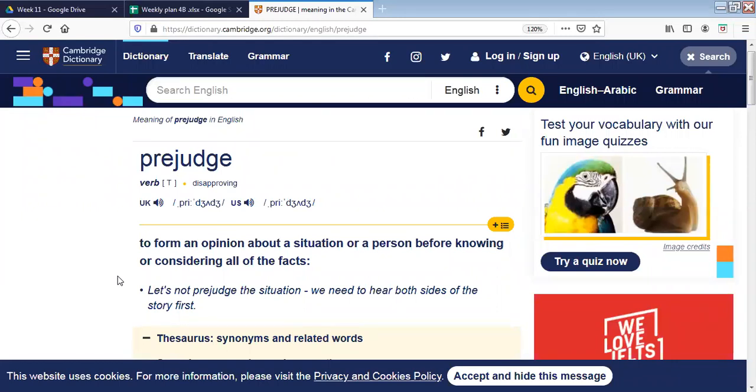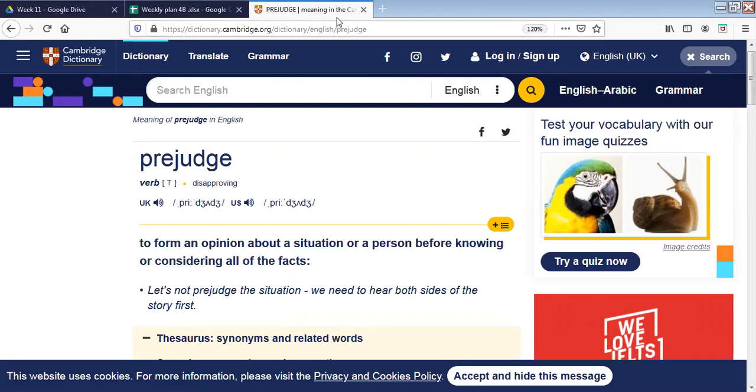Do you know him? No, I don't know him. So you don't know him. How do you form an opinion about him? So the word prejudge means when somebody forms an opinion about a situation or a person before knowing all the facts. Okay, this is prejudge.